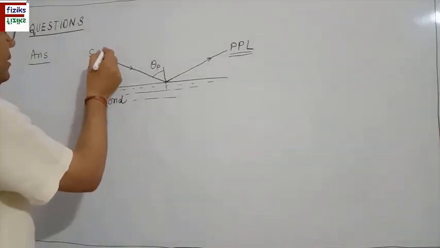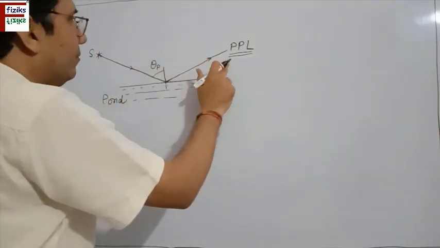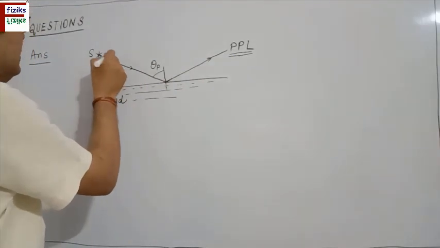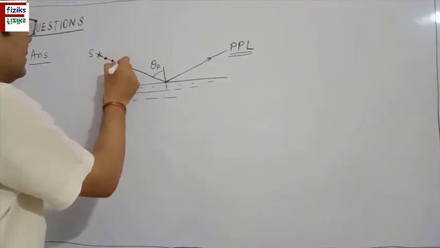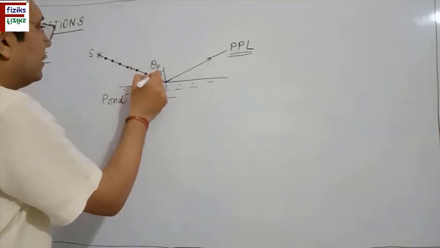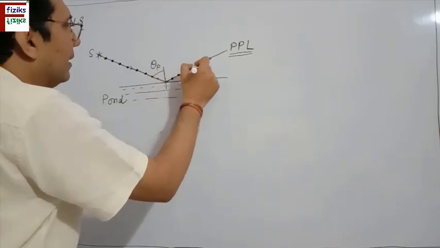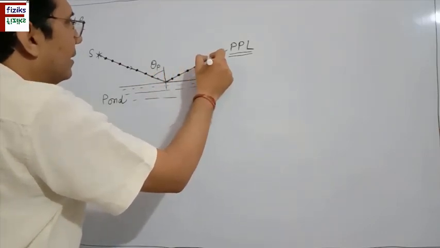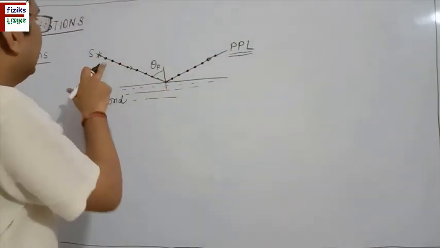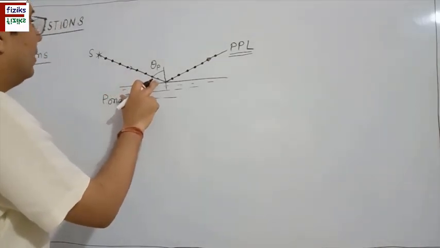From here one can observe that if this is theta p, we are getting plane polarized light. So automatically only the electric vectors which are like this can pass. These electric vectors are perpendicular to the plane of incidence, so these components represent the S polarized light.